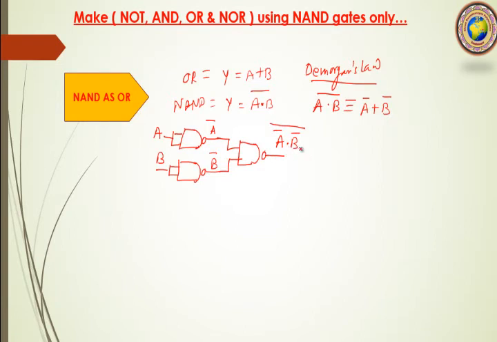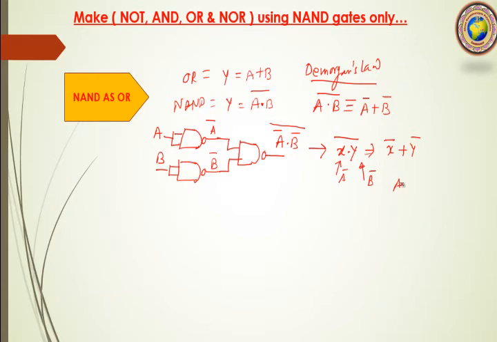Now, as per De Morgan's law, we have to check what is happening. Suppose A bar I consider as X and B bar I consider as Y, and bar. So this gives X bar plus Y bar. Now we put X is equal to A bar and Y is equal to B bar.